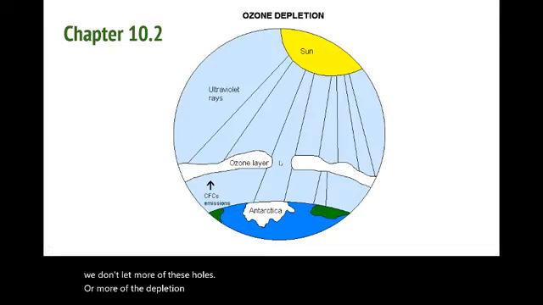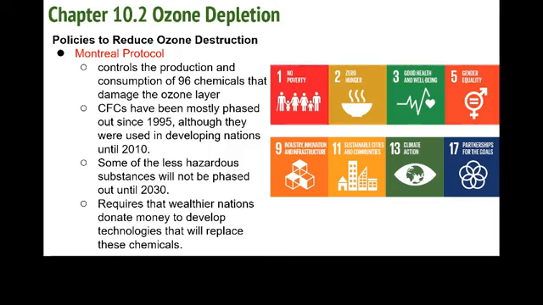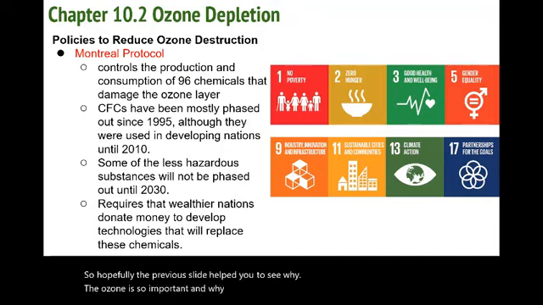We want to protect the ozone because the ozone will protect the surface of the Earth. So hopefully the previous slide helped you to see why the ozone is so important and why destruction of the ozone can be so dangerous.